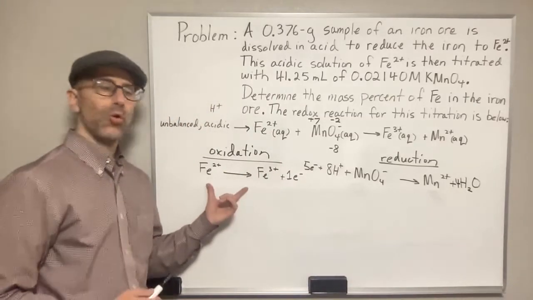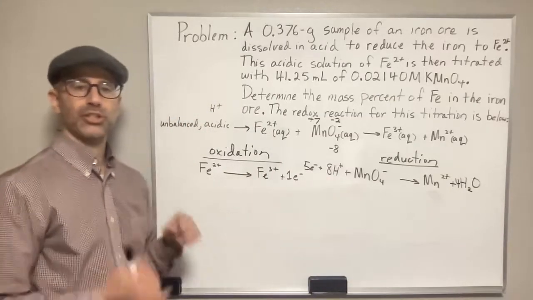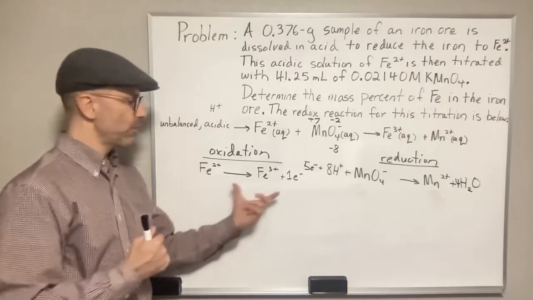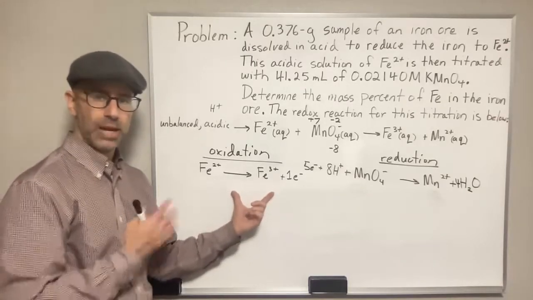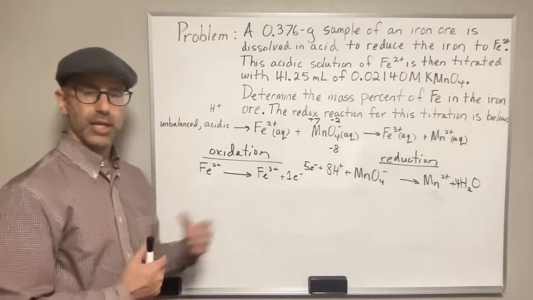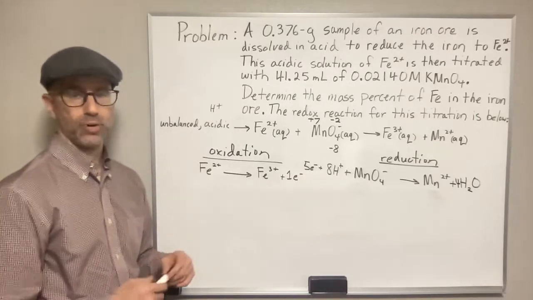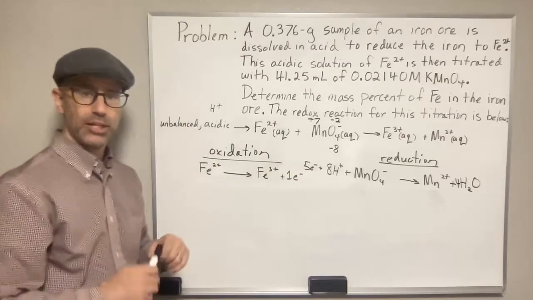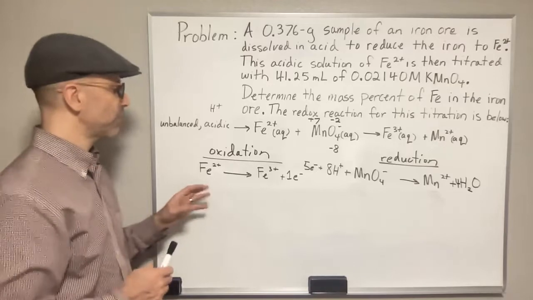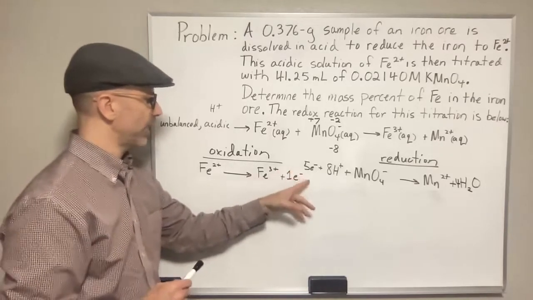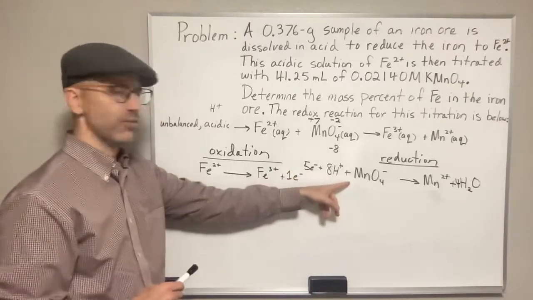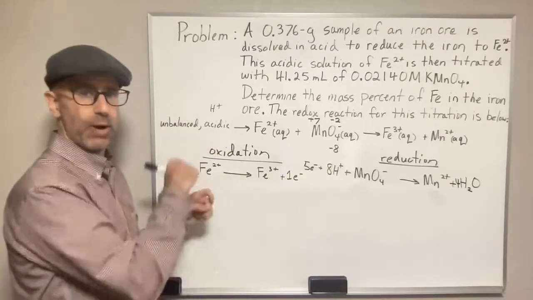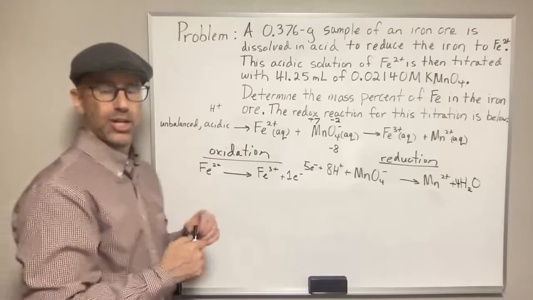So now both half reactions are balanced in mass and balanced in charge. We balanced the number of atoms on both sides, and we balanced the amount of charge on both sides. Now we need to add the two half reactions together, but before we do that, we need to make sure that the number of electrons for each of these is the same, because when we add the half reactions together, we want the electrons to cancel out. Why?